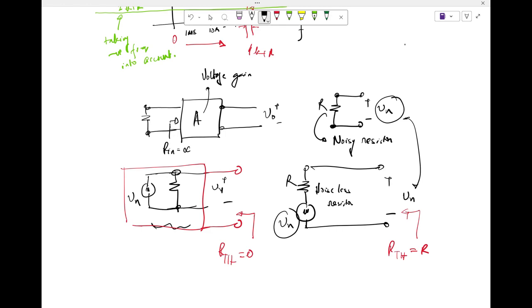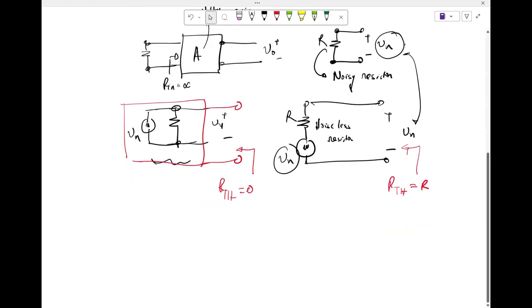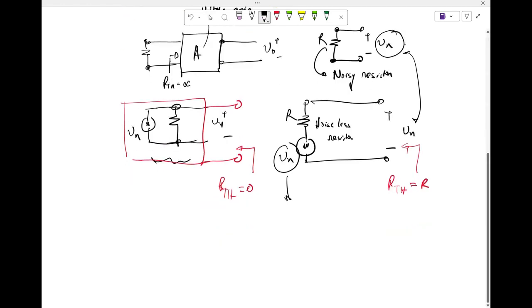And then connect. So you remodify your circuit and then you connect. Okay. So just for the sake of completion, this SVN will be 4kTR. Okay, fine.